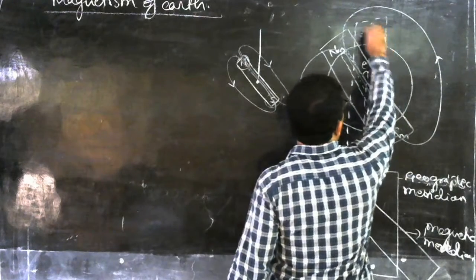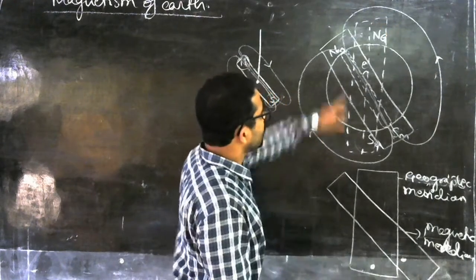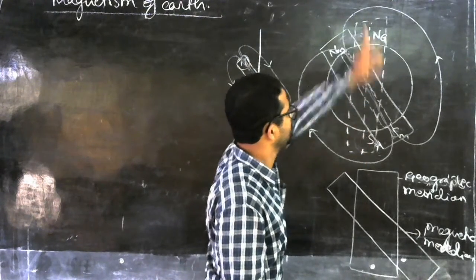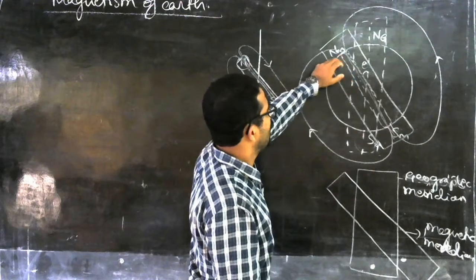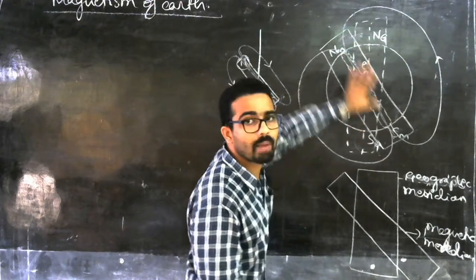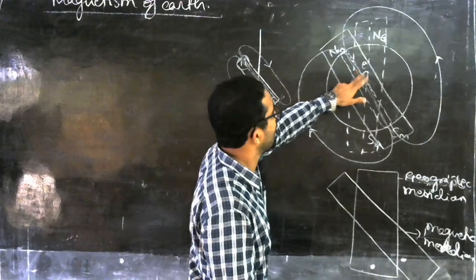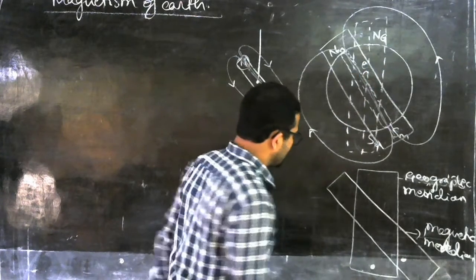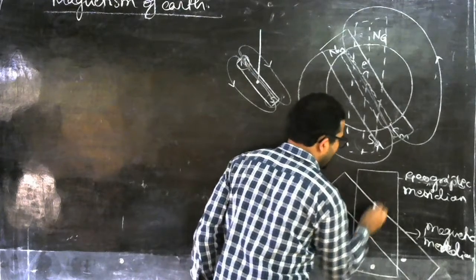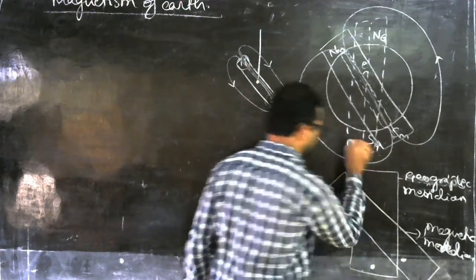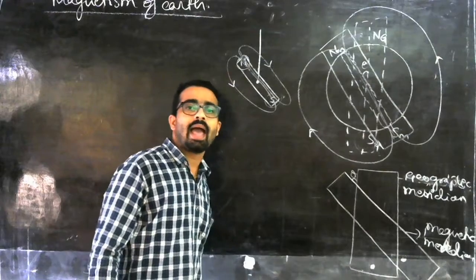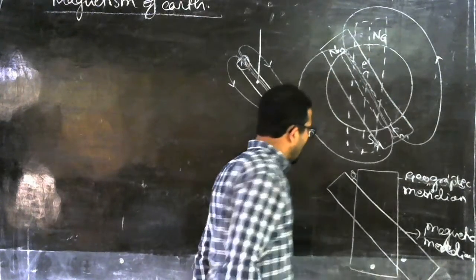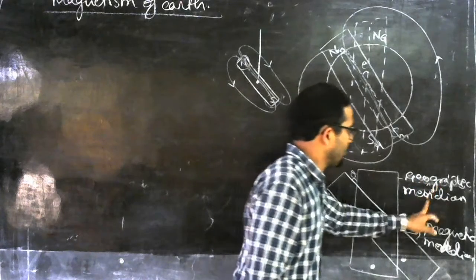So as you can see here, this is the axis of rotation, and this is the alignment of the Earth magnet, and they are inclined at an angle of theta. You can also see the same angle here. Theta is the angle between this magnetic meridian plane and the geographic meridian.